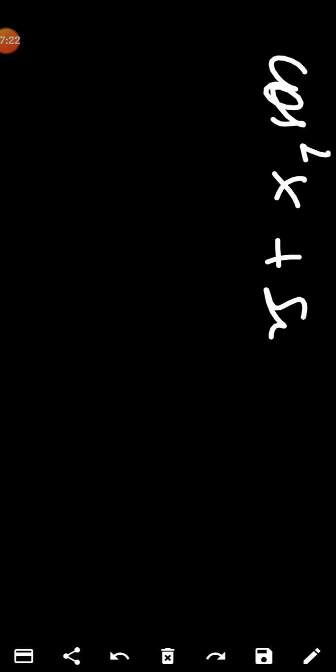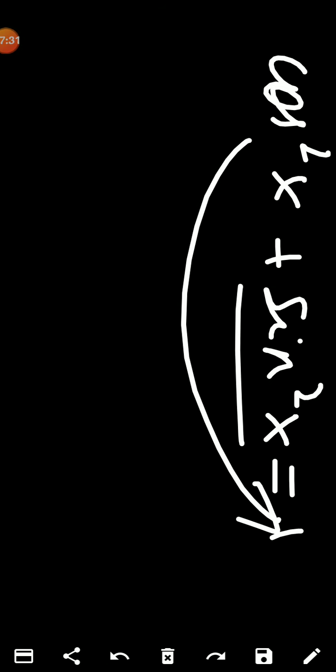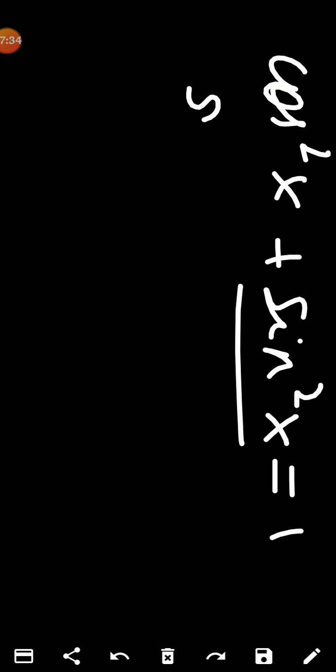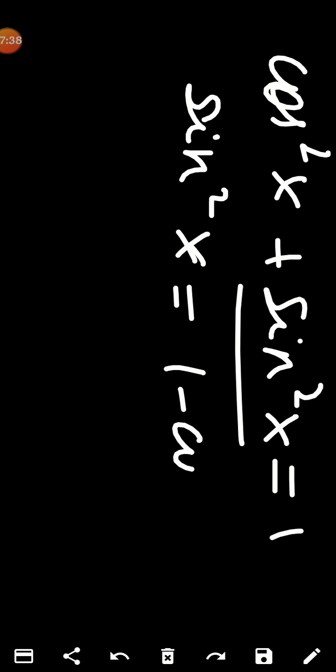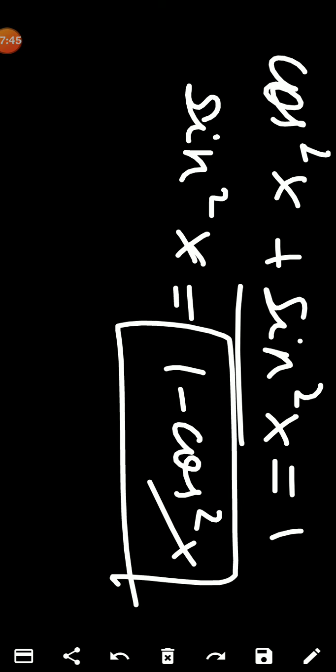Now from the previous problem we saw that cos square x plus sin square x is equal to 1. Now in this problem we want the value of sin square x. So let's take cos square x to the other side. So therefore we get sin square x is equal to 1 minus cos square x. So let's replace 1 minus cos square x in place of sin square x in our equation.